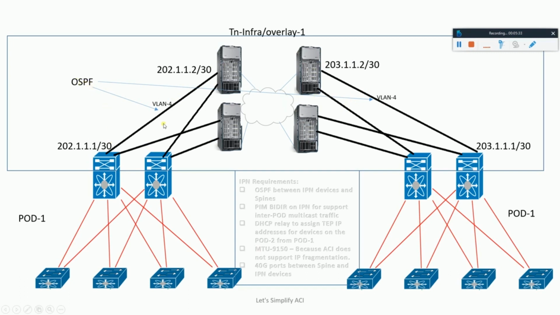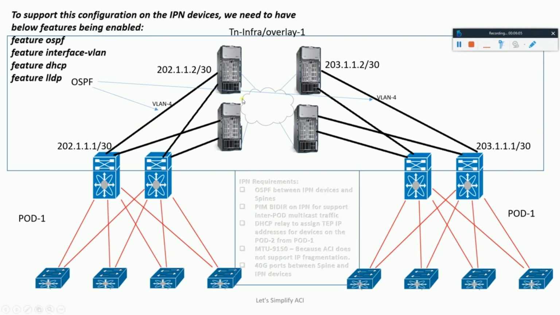The OSPF neighborship is done between the IPN devices and the spines. I have given here the IP settings that I'll be showing you for reference. VLAN 4 will be used for reference here. We can use VLAN 4 or VLAN 5 as we have checked earlier. As we go further, all these IPN requirements and configurations will get highlighted as we configure them step by step.